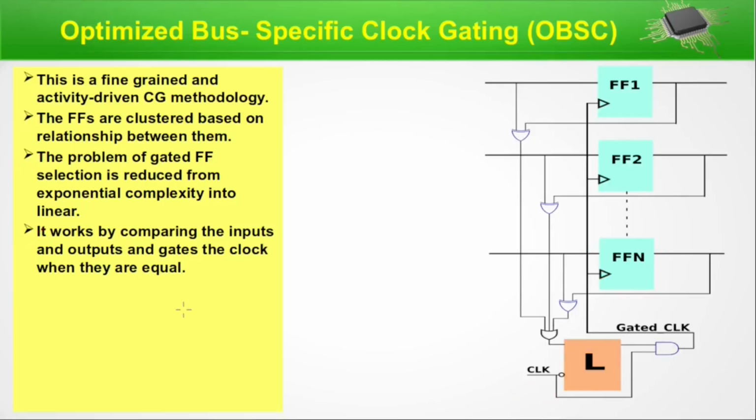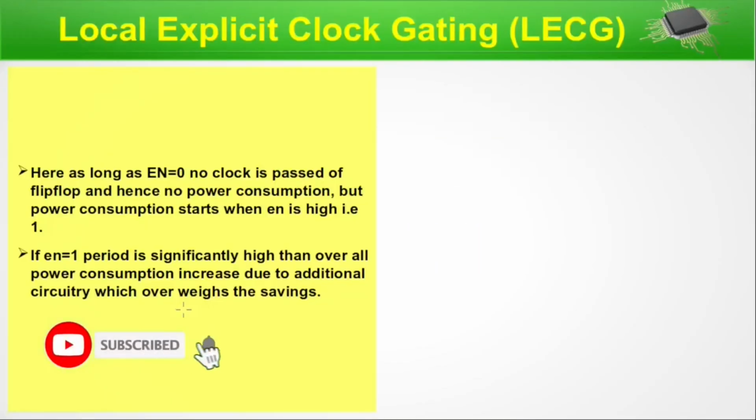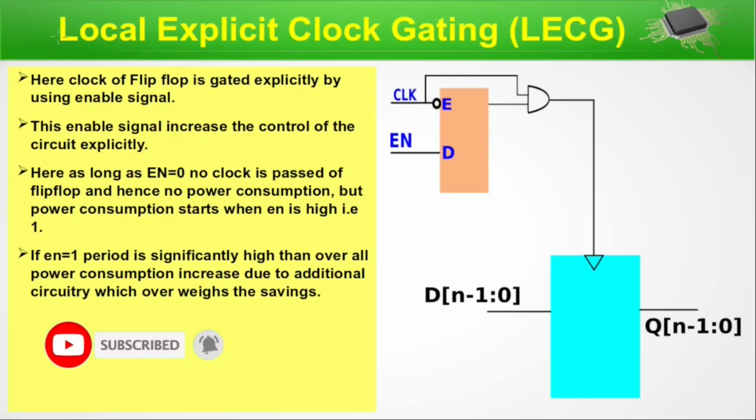We will move to the next slide. Now advanced clock gating with enable signal, local explicit clock gating and enhanced clock gating. Now let's see local explicit clock gating. Here the clock of the flip-flop is gated explicitly by using an enable signal. This enable signal increases the control of the circuit explicitly.